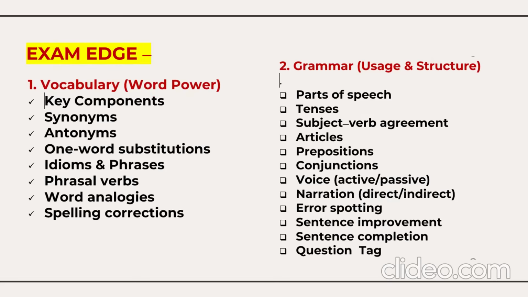Under vocabulary, you will have questions like synonyms, antonyms, one-word substitution, idioms and phrases, phrasal verbs, word analogies, spelling corrections. Under grammar: parts of speech, tenses, subject-verb agreement, articles, prepositions, conjunctions, active voice, passive voice, direct speech, indirect speech, error spotting, sentence improvement, sentence completion, and question tags.